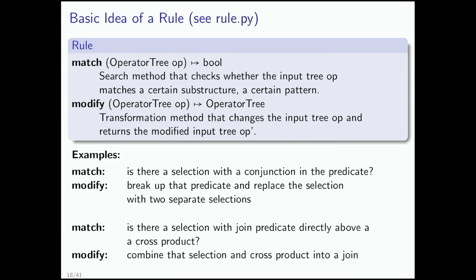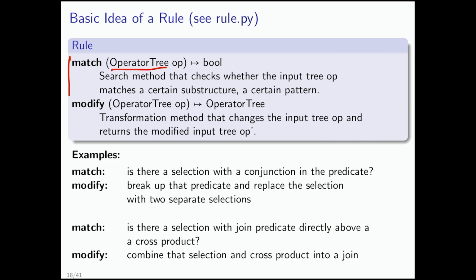Before we look at the extensions, let's look at a simple idea of such a rule. This is always a match and a modify part. The match part is basically a pattern matching on the input plan. I'm calling it an operator tree here because that's what it is, but I mean the same thing as the plan. You try to see whether the input plan matches a certain pattern you can do something about. If you're specialized on a selection, you're looking for a selection.